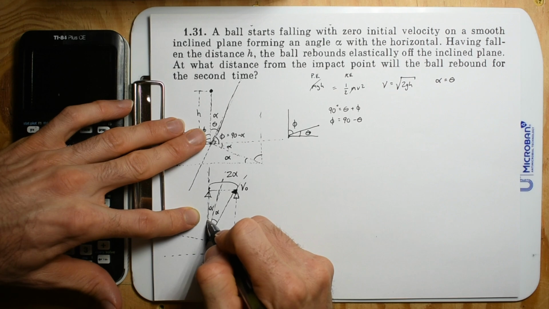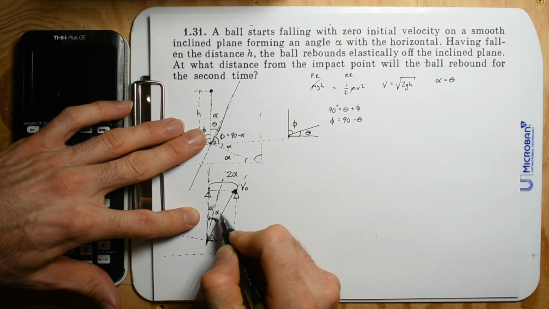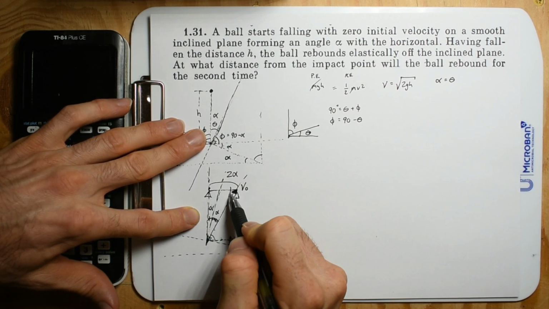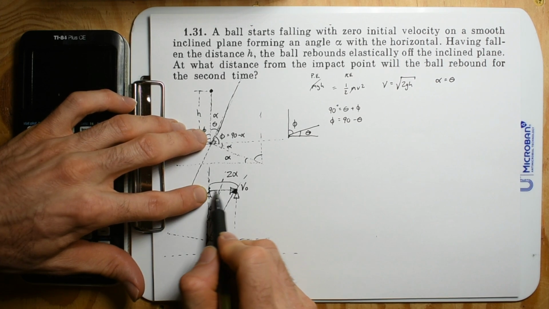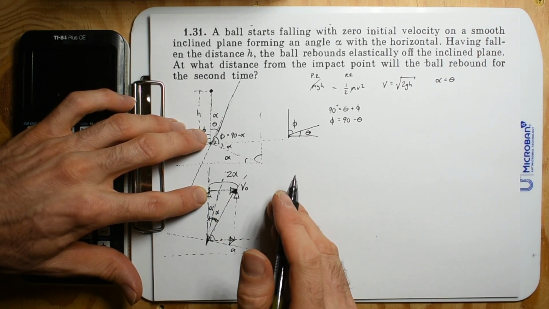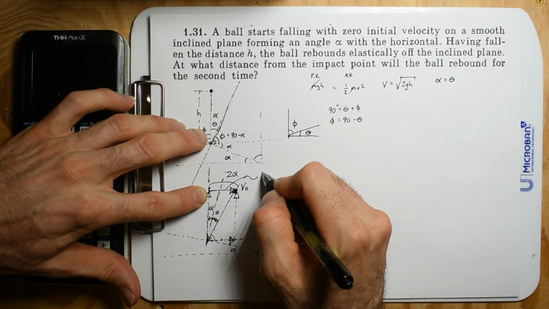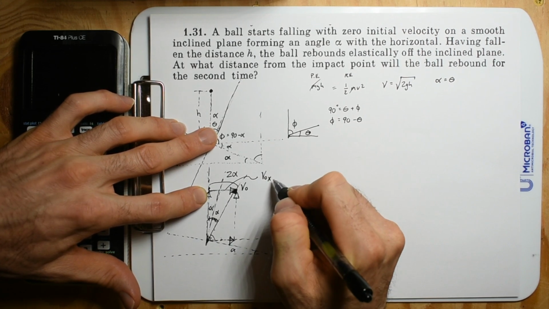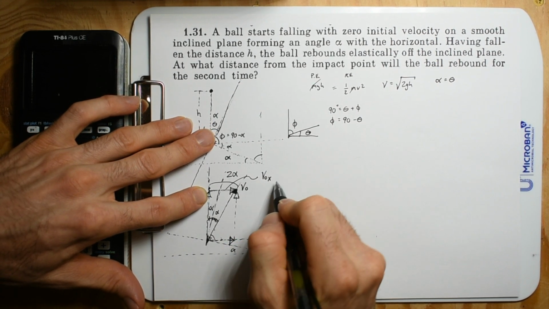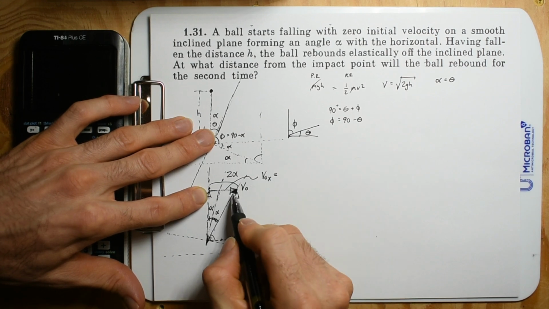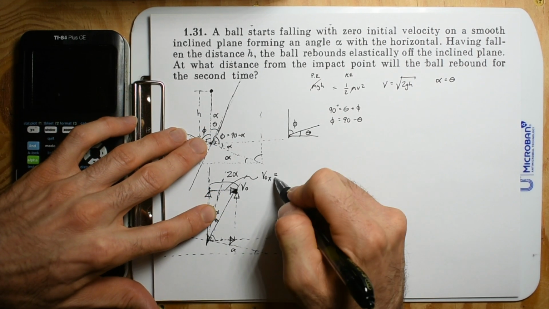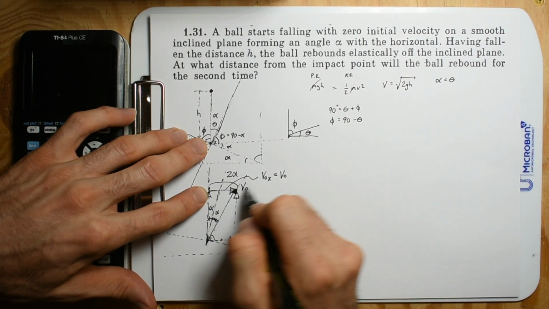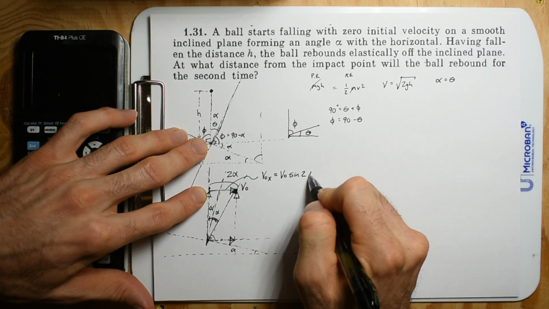If this is our angle, then this component is the sine component, the horizontal component. So this is v naught x. Our initial velocity in x is the total vector v naught times sine of 2 alpha.